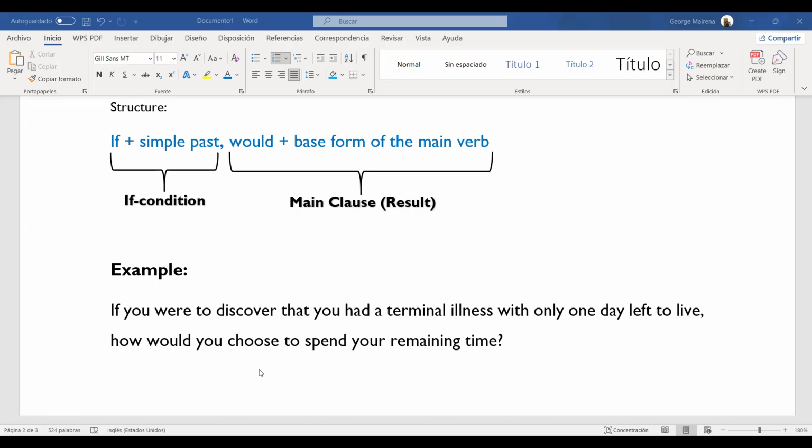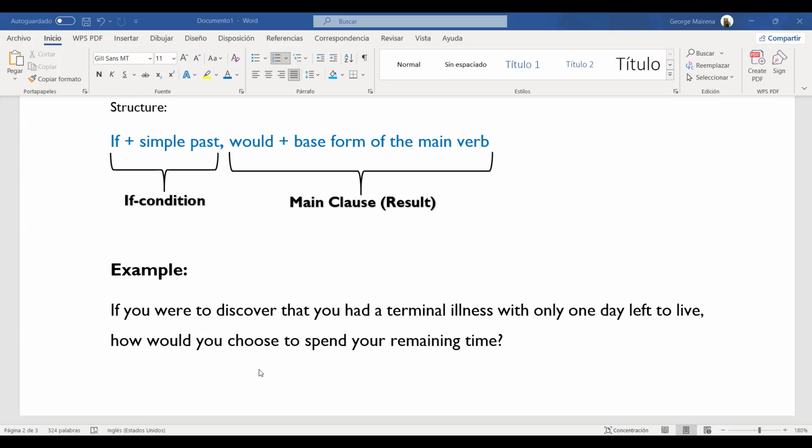Alicia: If I were to discover that I have a terminal illness with only one day, I would like to have the last dinner with all my family and eat my favorite food. Great.